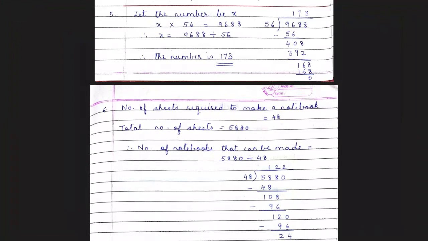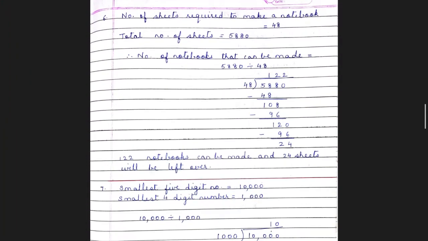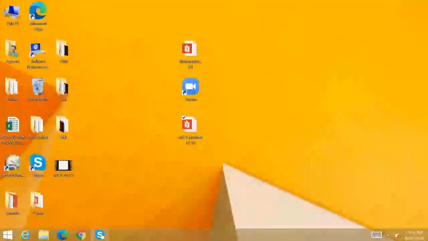So when I multiply x with 56, my answer should come 9688. So how do I find out x? When 56 goes to the other side of equal to, multiply becomes divide. So it is 9688 divided by 56. So as we have been doing the division sums, when you calculate, you get your answer as 173. Okay. Next, we go to question number 6.